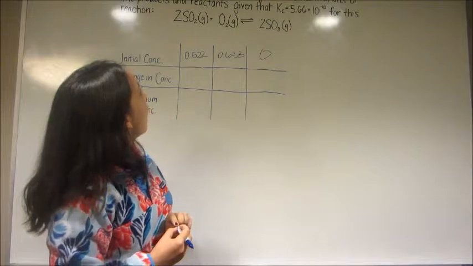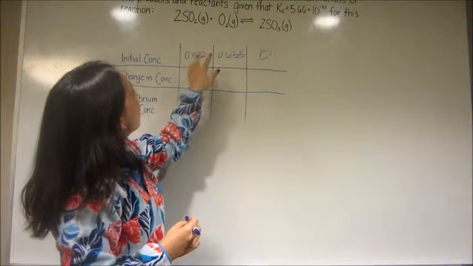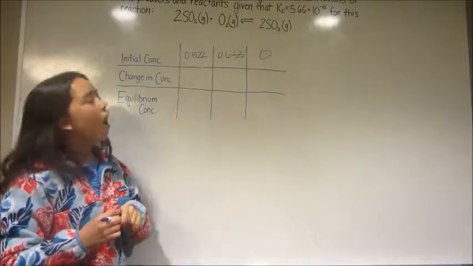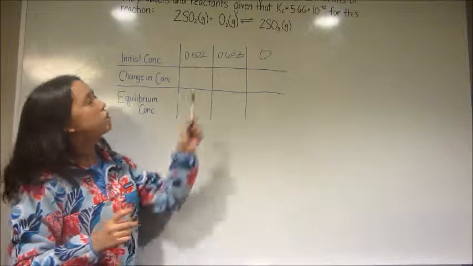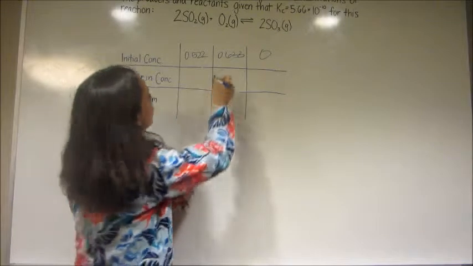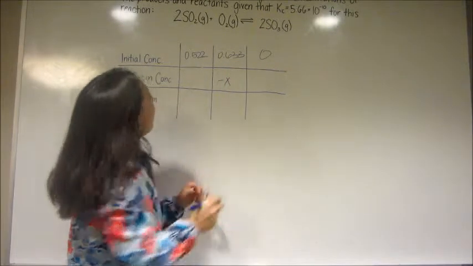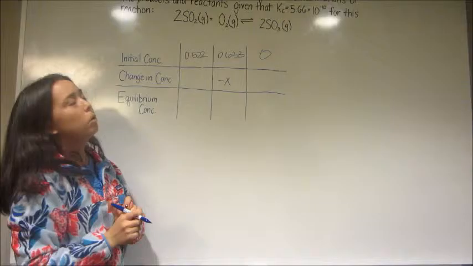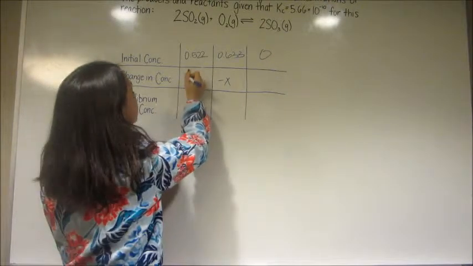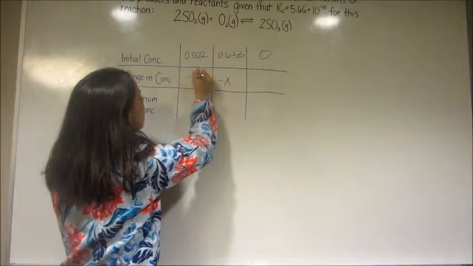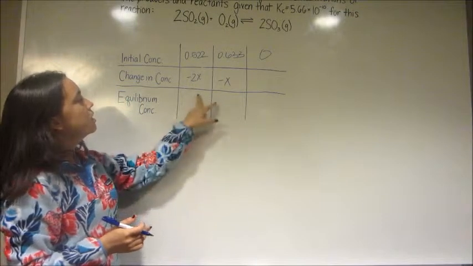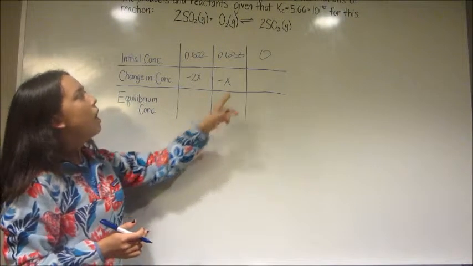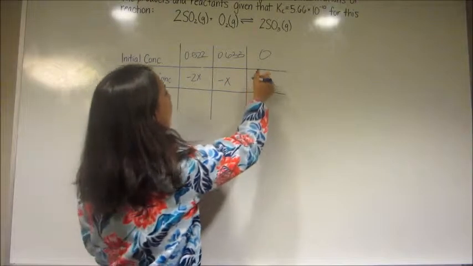And we see that SO2 and O2 will decrease. O2 by a factor of 1 because the stoichiometric coefficient is 1. And then SO2 by a factor of 2 because the stoichiometric coefficient is 2. And then as these decrease, it will yield SO3 and create that, and that will add.